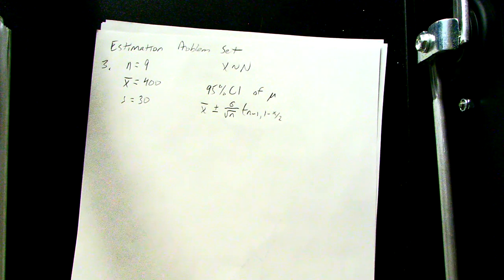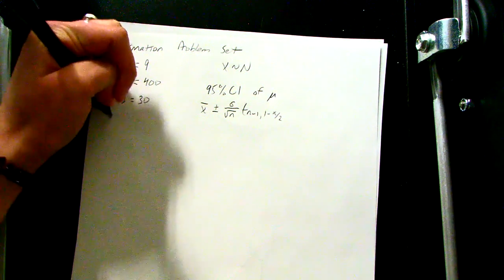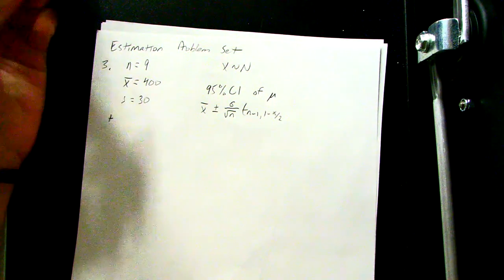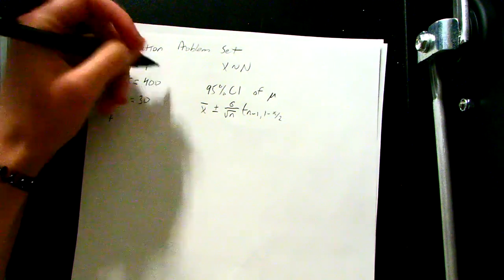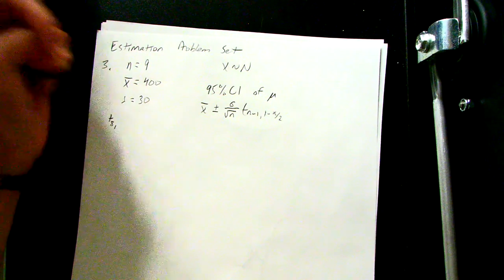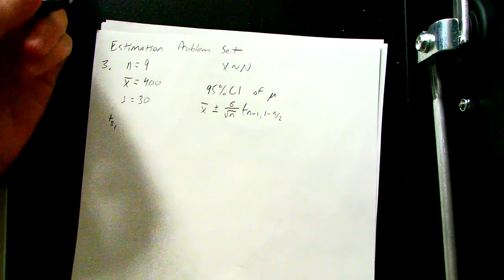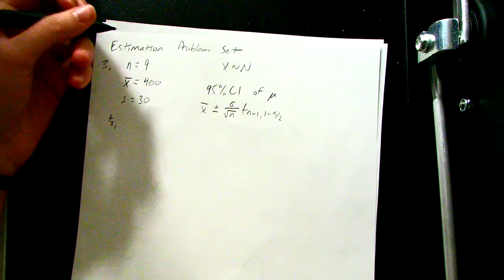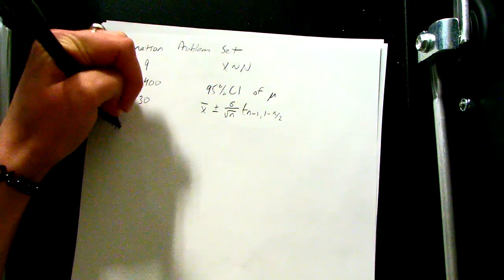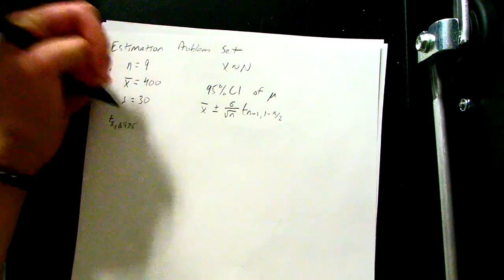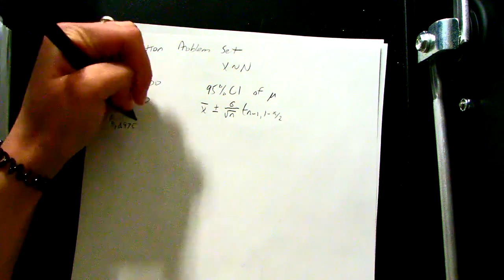And because we do not know the variance of the population, we need to use our t distribution. So t, degrees of freedom, is 9 minus 1, so 8 degrees of freedom, and 1 minus alpha divided by 2 gives us 0.975 because our alpha is 0.05.